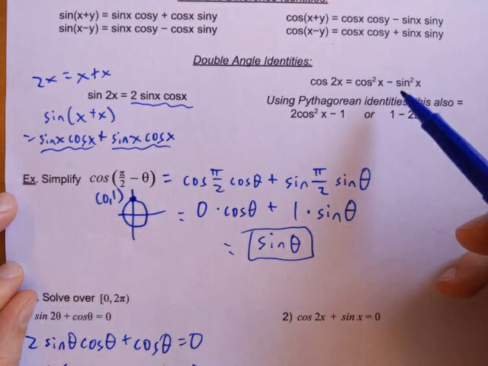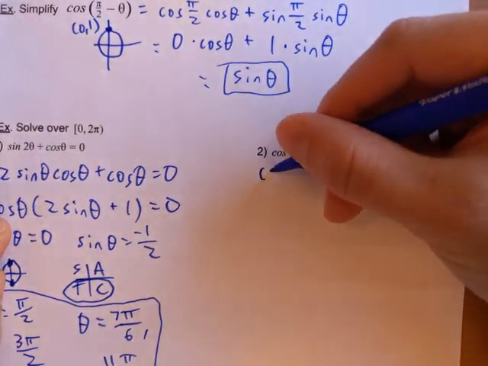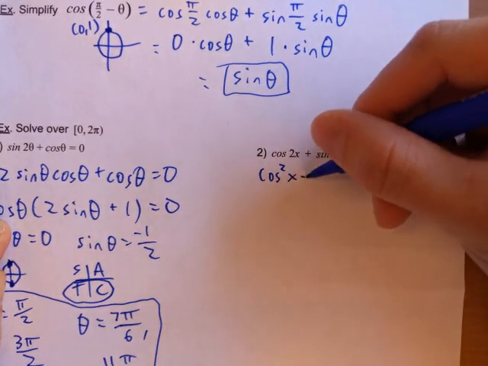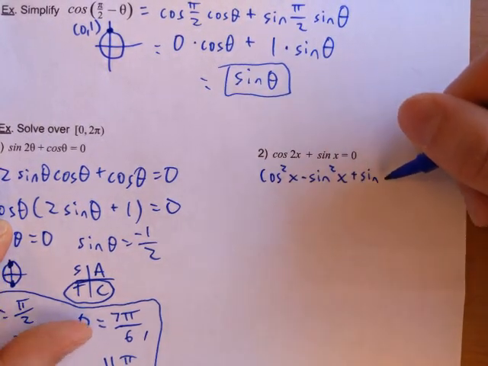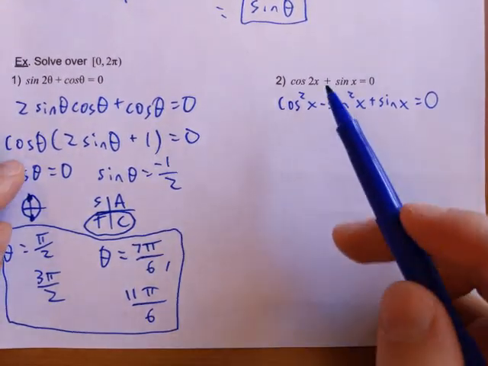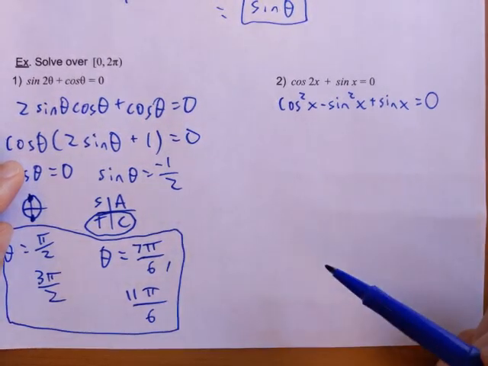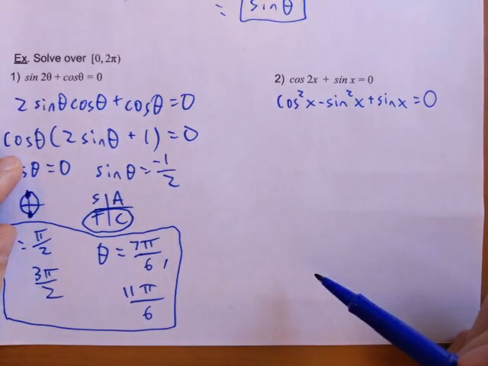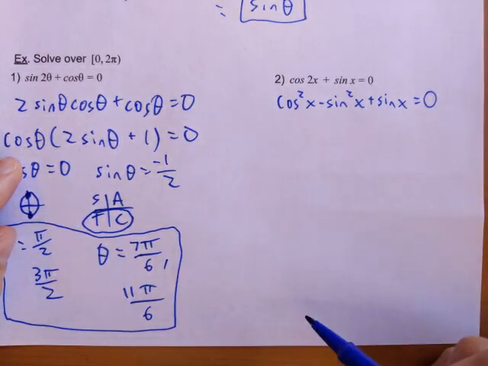But let's just say if we always want to do cosine squared minus sine squared, well, we'll have cosine squared x minus sine squared x plus sine x equals 0. Well, having these different trig functions here without a GCF, there's no way we're going to be able to factor with that as it is. So we want to replace that with either all sines or all cosines.